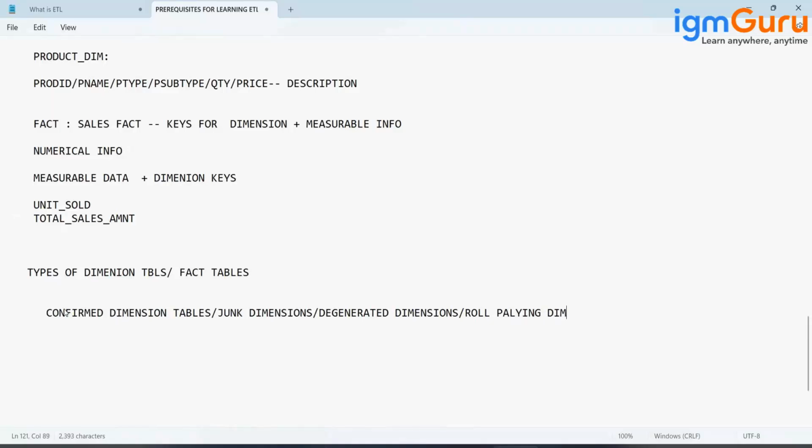So there are multiple types of dimension tables which we use in real time.